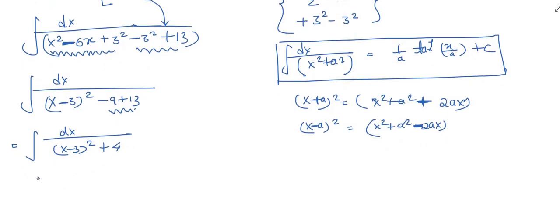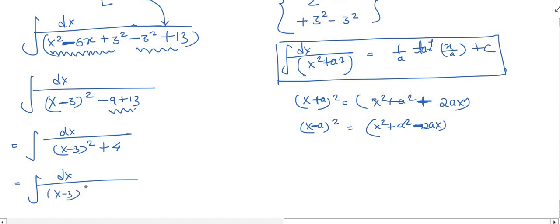This can I write integration of x minus 3 square plus 2 square. Don't you feel now it is matching with this formula, this one, correct? And here x is nothing but x minus 3, and it is a linear equation. X minus 3 is a linear equation.